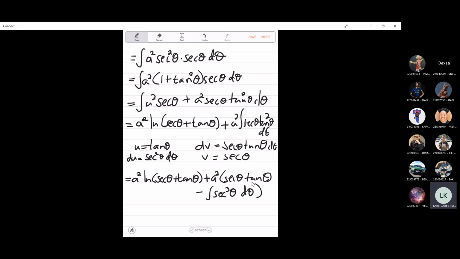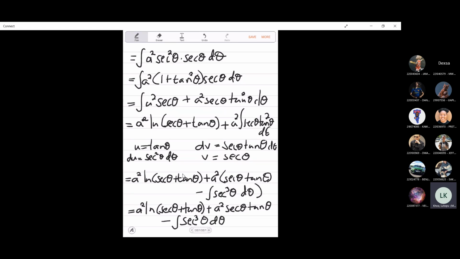Okay, we'll then multiply out the brackets. So this is a squared ln of sec theta plus tan theta plus a squared sec theta tan theta minus the integral of sec to the power of 3 of theta d theta.